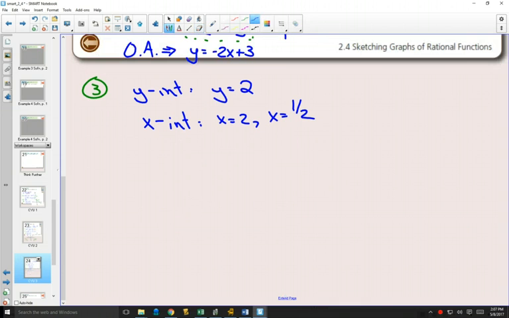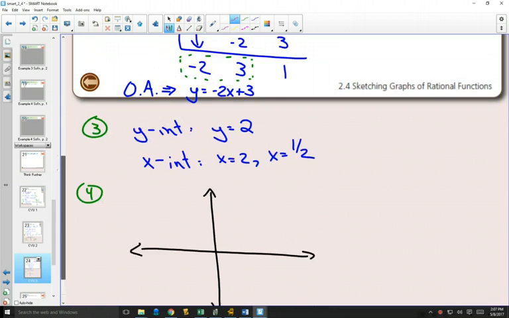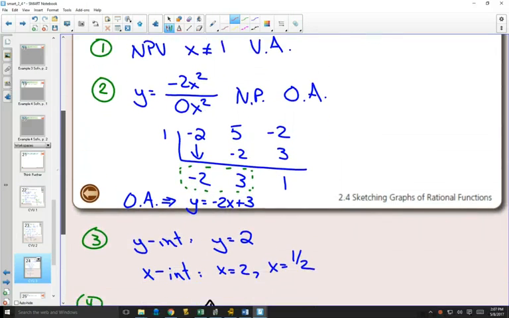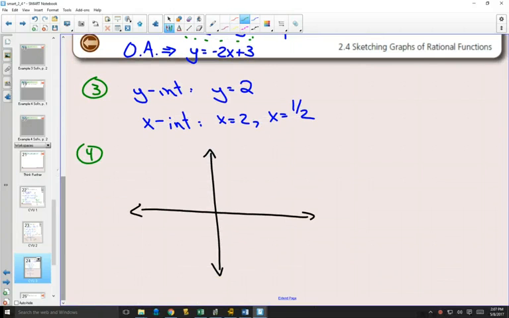And we're going to check now if we have enough information to graph. Asymptotes. We have a vertical asymptote at x equals 1. We have an oblique asymptote at negative 2x plus 3.